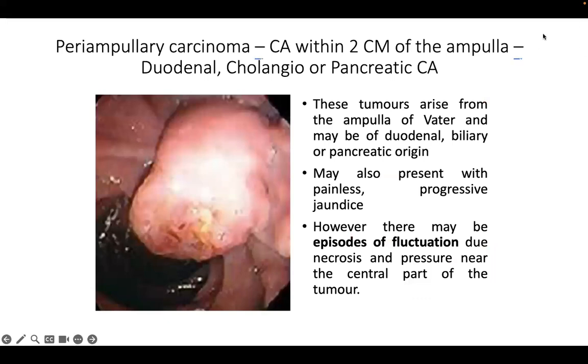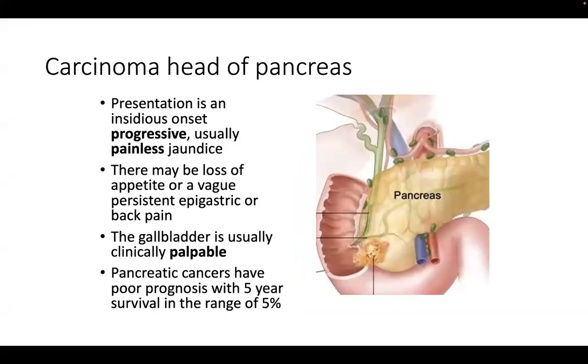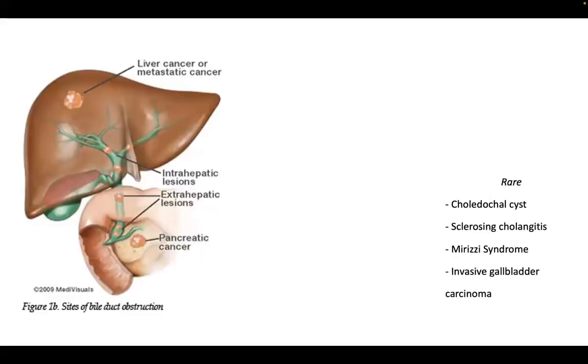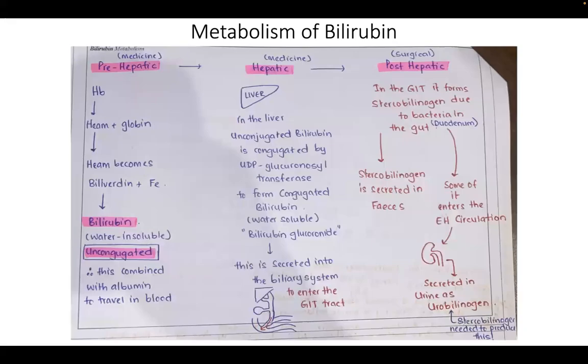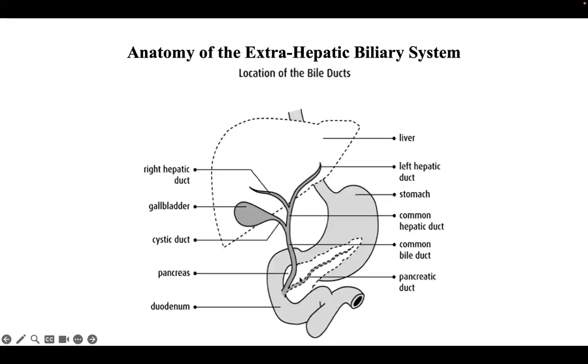Then you have something called periampullary carcinoma. Here the carcinoma is within 2 centimeters of the ampulla. So what you need to understand is that periampullary carcinoma is here in this anatomical diagram, within 2 centimeters.